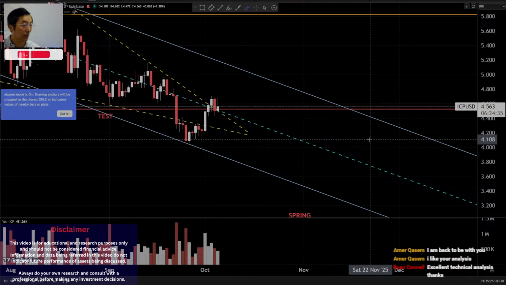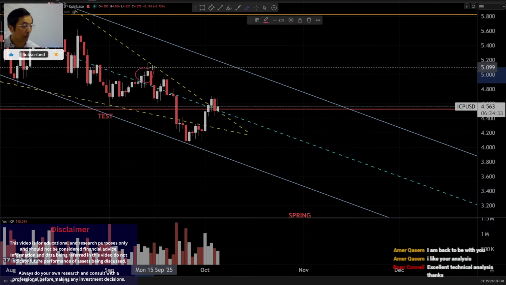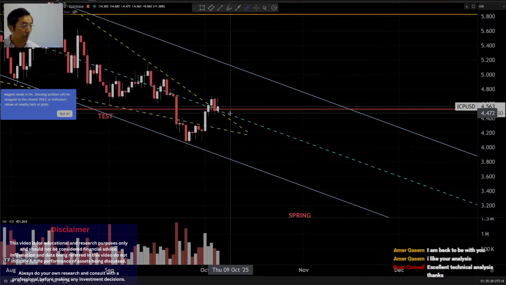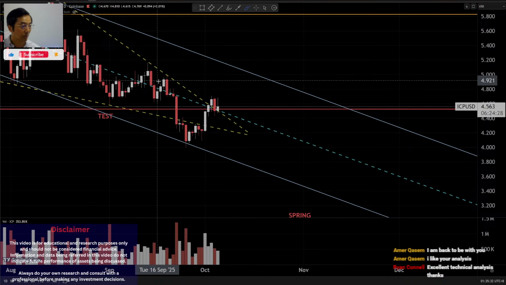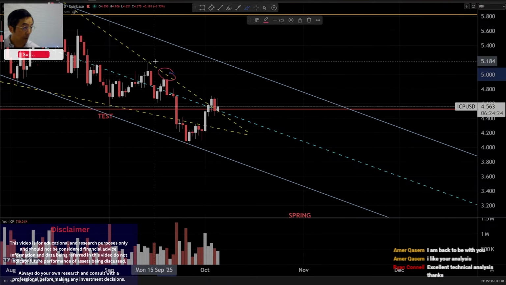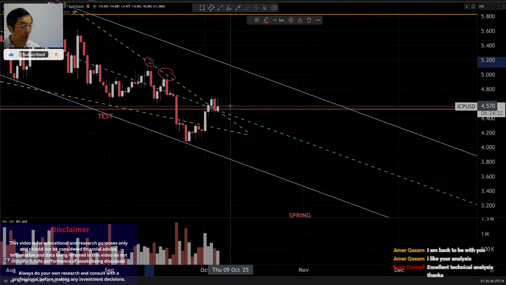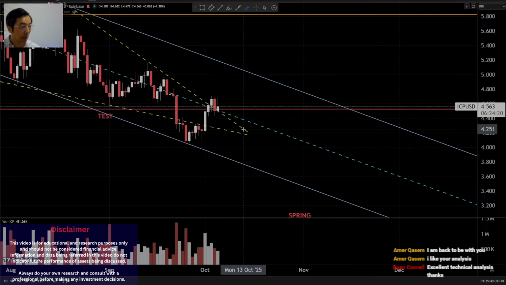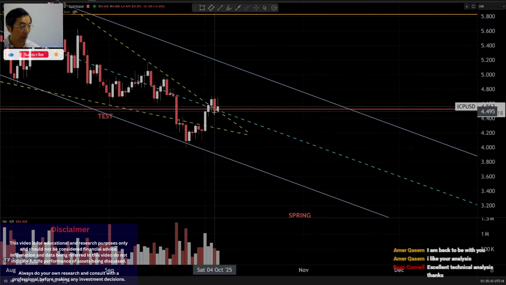If it doesn't, if it comes down much like what happened here back in mid-September and late September, both briefly got over it, but back then there was this yellow resistance line over there. That particular line here, we have passed it already. It has become another support over here.